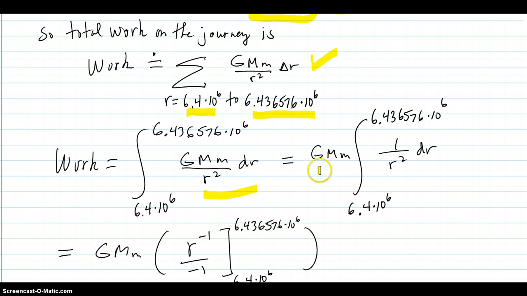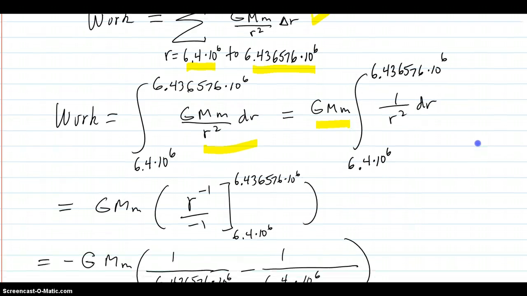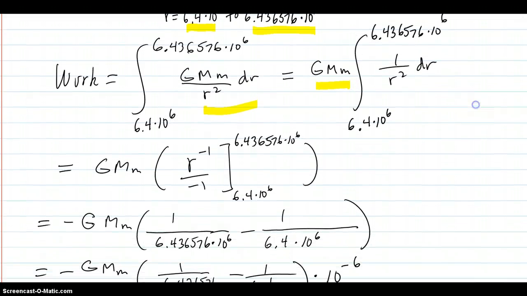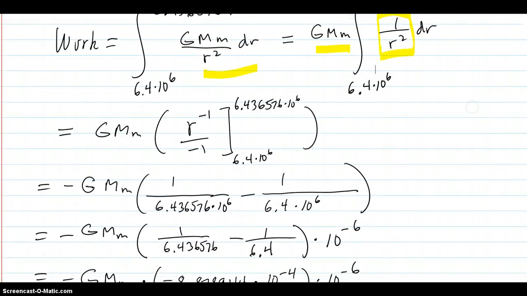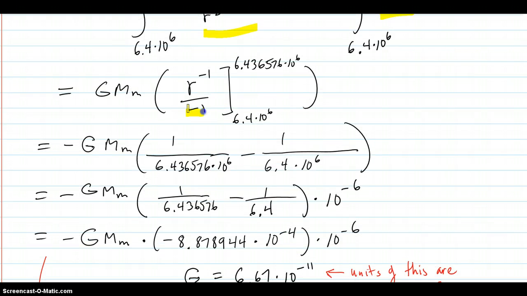And I factored out all these constants. I'm not going to deal with those numbers until I need to. This is one of the simplest integrals that you'll see in the class. It's r to the negative 2, raise the exponent by 1, r to the negative 1 over negative 1. Then I took the negative 1 out to here.